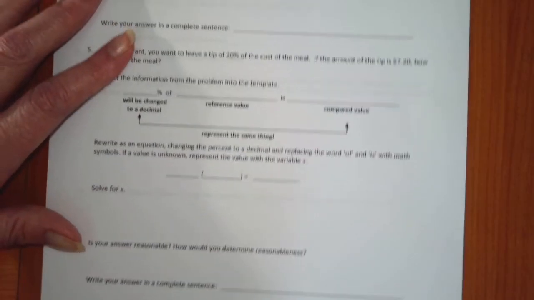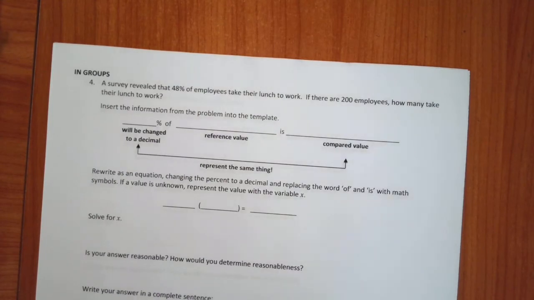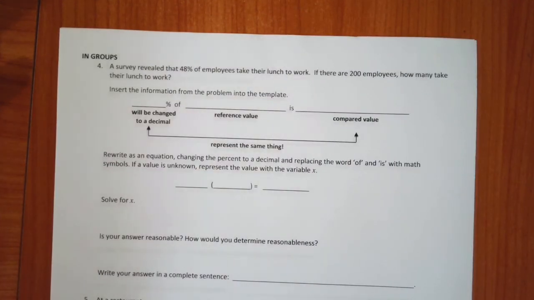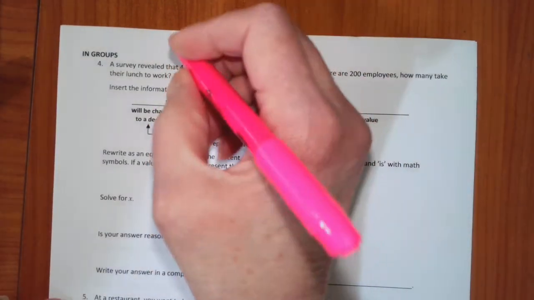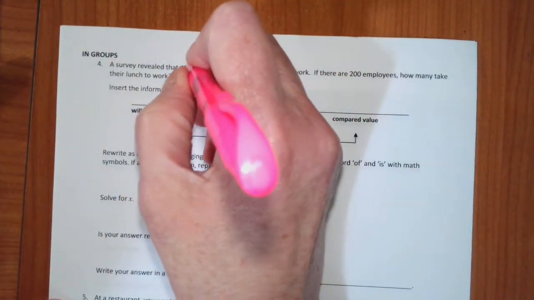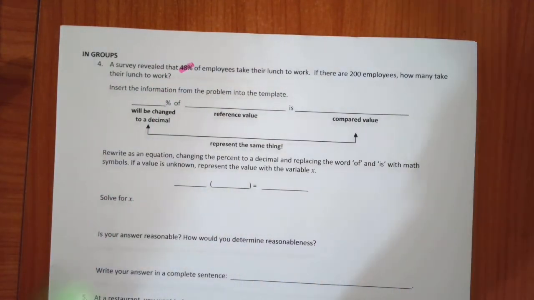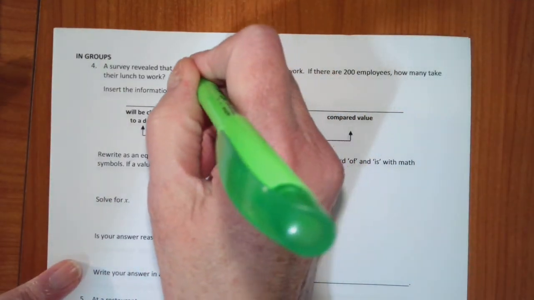Then we moved on to the problems that you and your groups were going to work together. In your groups, the first problem: a survey revealed that 48% of employees take their lunch to work. So let's figure this out. 48%, of course, that's our percent, but 48% of what?